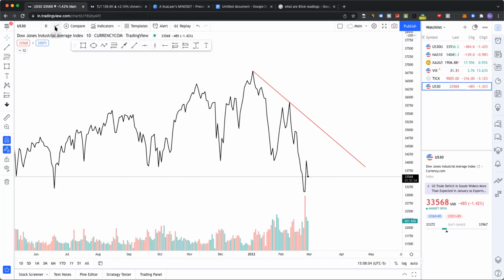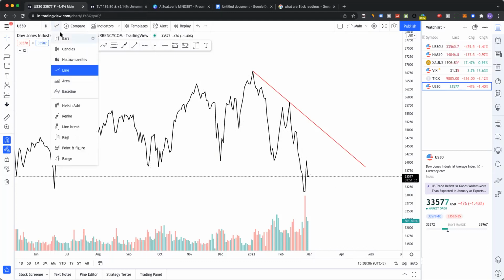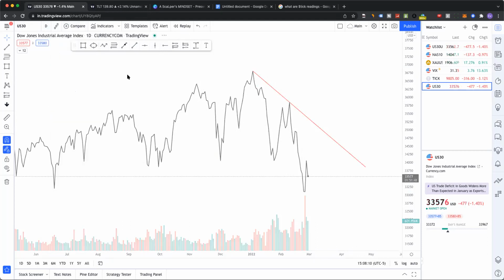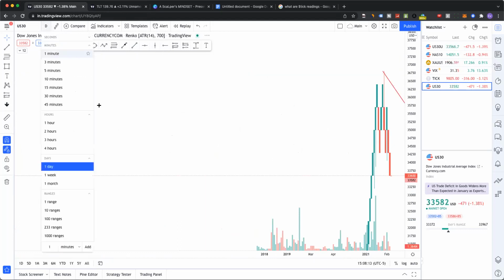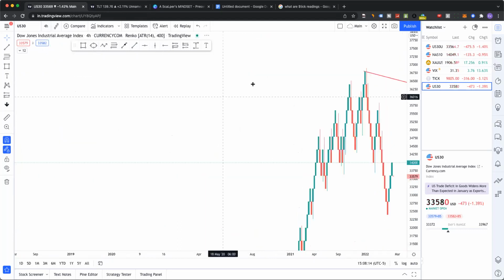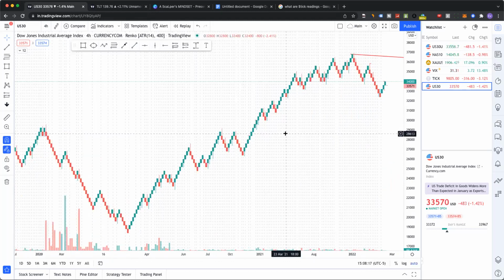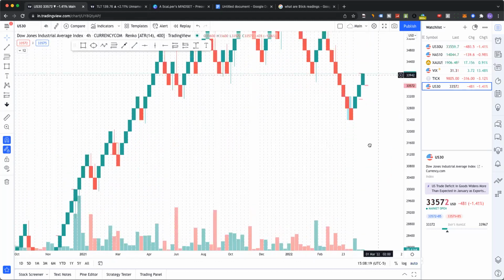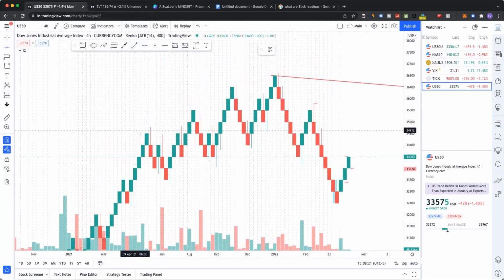Something else I like to use is Renko charts for S&R levels, because it gives me whole numbers. When I'm looking at my chart, I'm looking at whole numbers, okay?